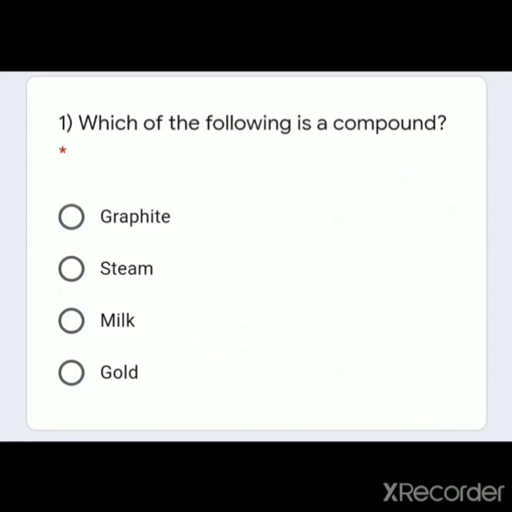As we have discussed, the definition of a compound is that it is made up of 2 or more different types of atoms. When they combine, they form a compound. So this option can be our answer, but let's check the other options also. Milk. Milk is a mixture.